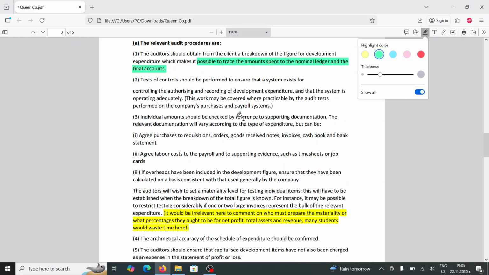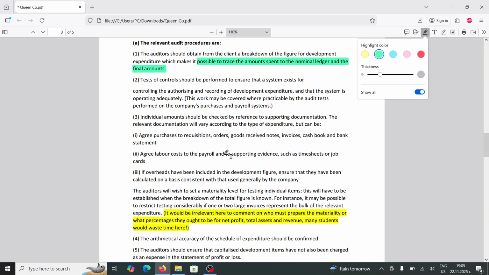Individual amounts should be checked by reference to supporting documentation. The relevant documentation will vary according to the type of expenditure, but can be. Of course, you don't have to list all of these on the exam. You could just list one and you still get the full marks on this third point. First, you agree purchases to requisitions, orders, goods received notes, invoices, and cash books.